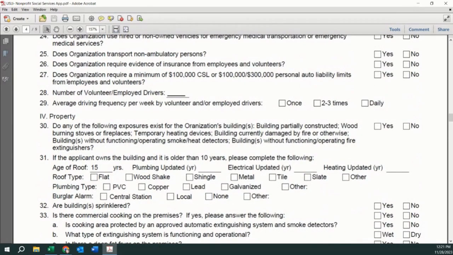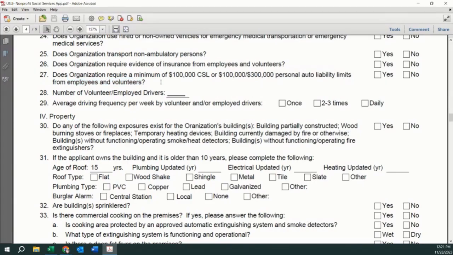And my understanding is that this particular carrier does require the person who's driving that vehicle to have this number 27, which is a minimum of 100,000 or 100,000/300,000. Otherwise, they will put it in place. So this is for an employee or a volunteer.